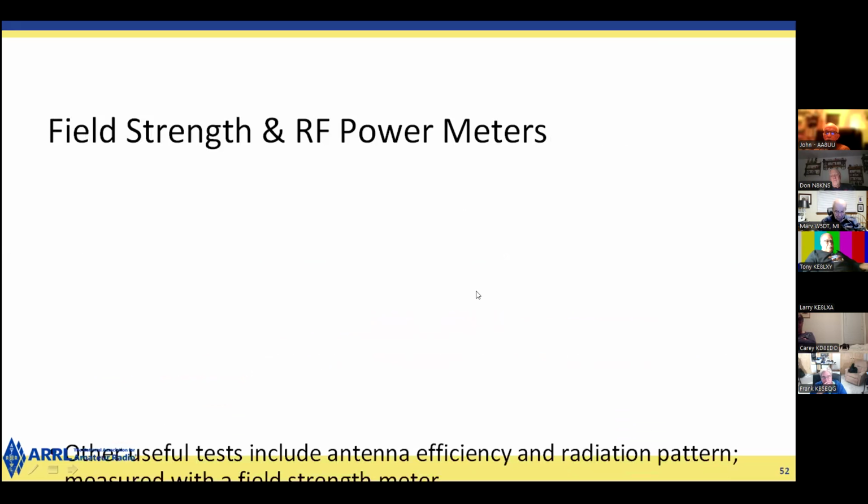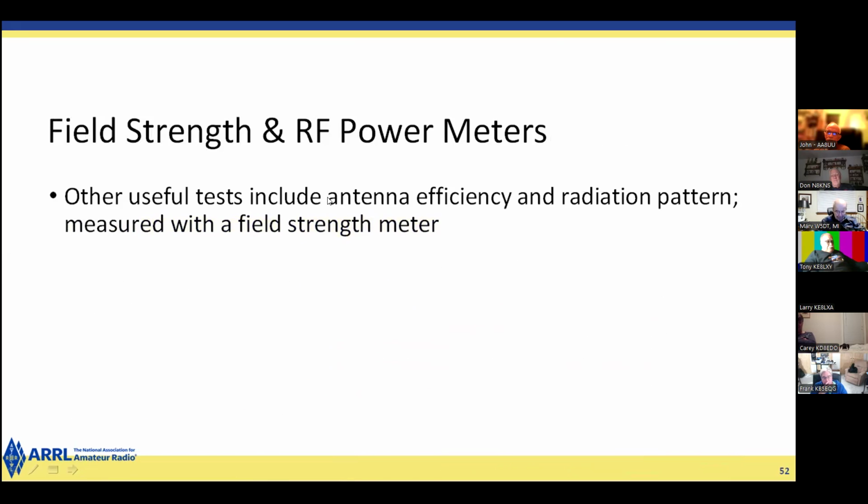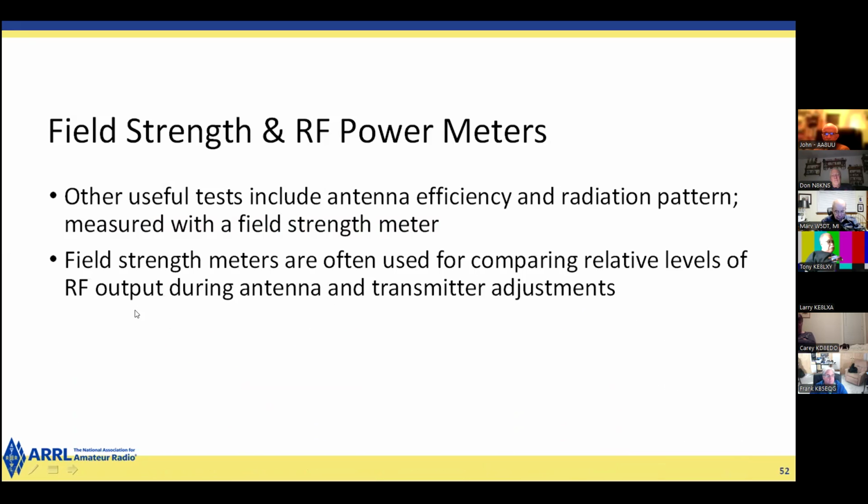Field strength and RF power meters. Other useful tests include antenna efficiency and radiation pattern measured with a field strength meter. You kind of walk around the transmitter with a field strength meter and plot it out. Field strength meters are often used for comparing relative levels of RF output during antenna and transmitter adjustments.